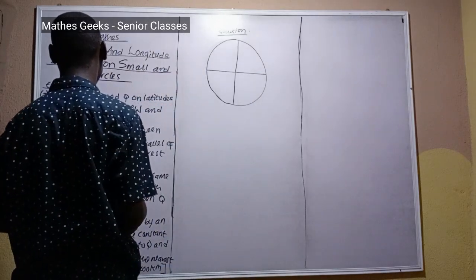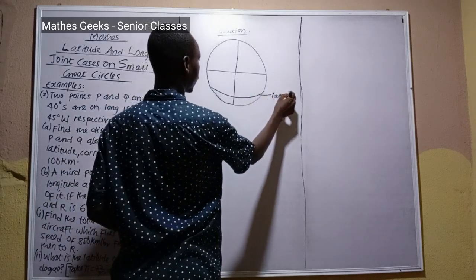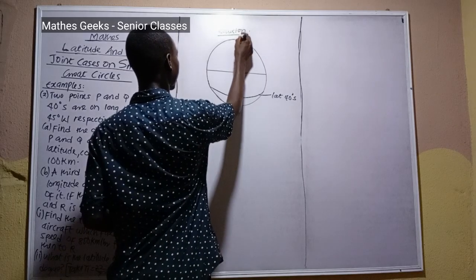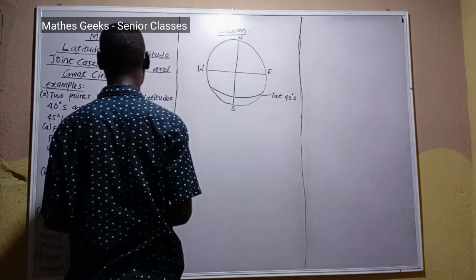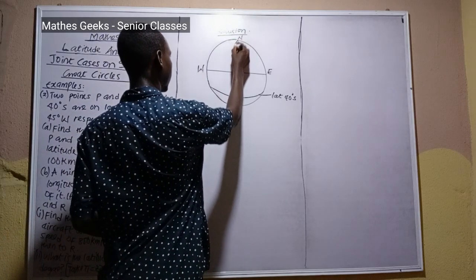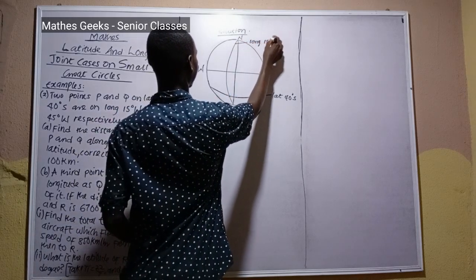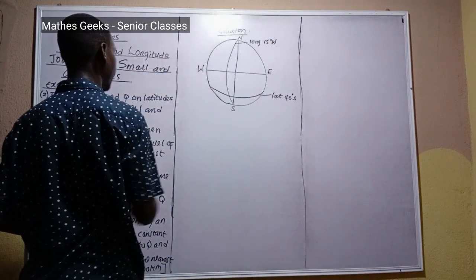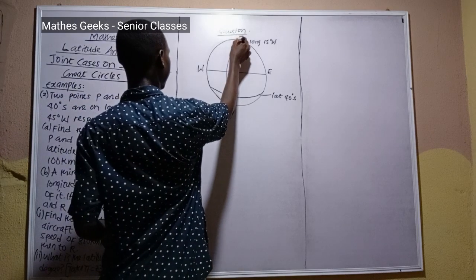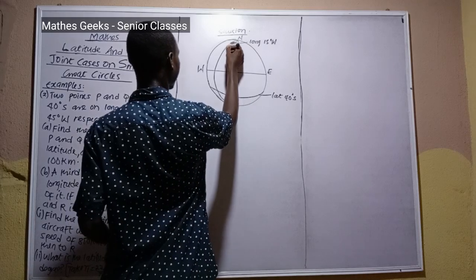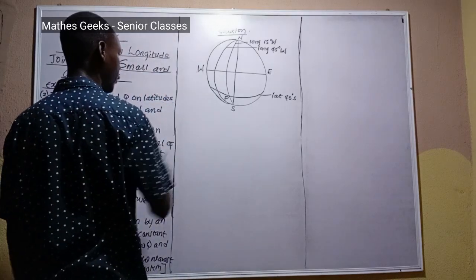So longitude 15 degrees west, and that's point P. Point Q is on longitude 45 degrees west. So this is point Q.